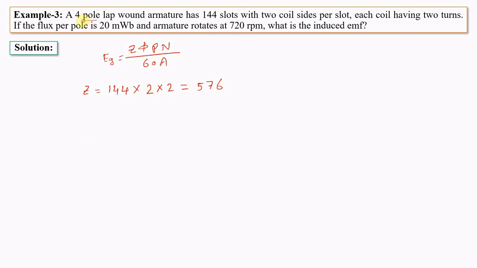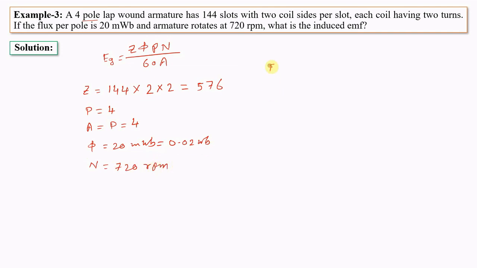It is a lap connected machine. So the P is 4 and the parallel paths will also be equal to the poles, that is 4. The flux per pole is given here as 20 milliweber, or we can write 0.02 Weber, and the speed of the machine is 720 RPM.